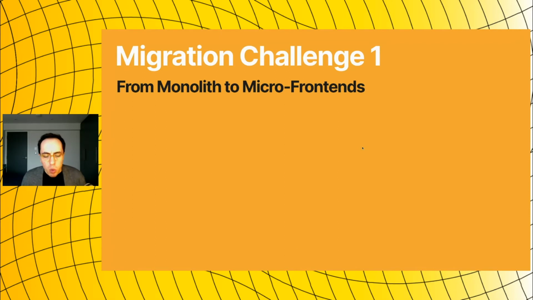But what do I mean by transition? While doing this transition from monolith to micro-frontends, we had a few challenges. One of the first ones was, how do we safely migrate our users from a monolith application that had everything to something that was represented in a different way? So the same functionalities, but split in different parts.